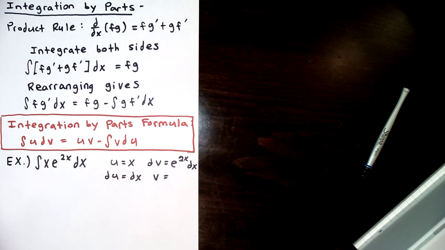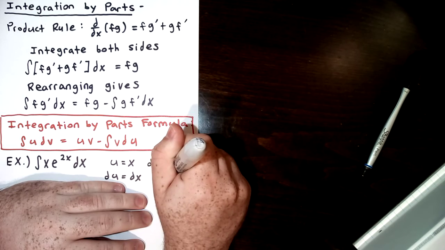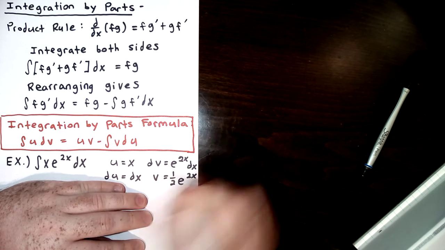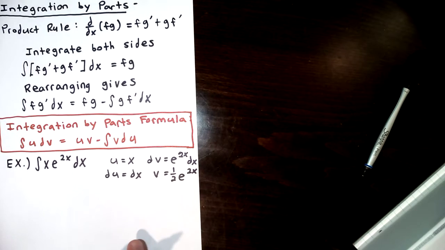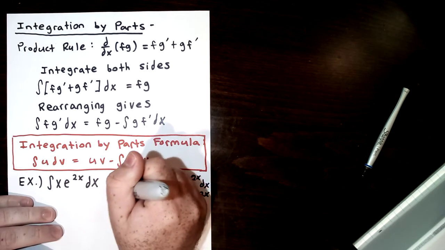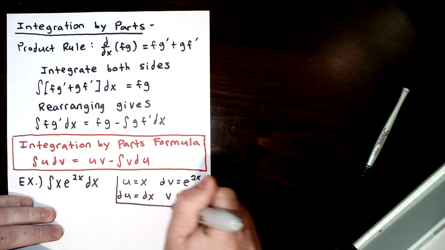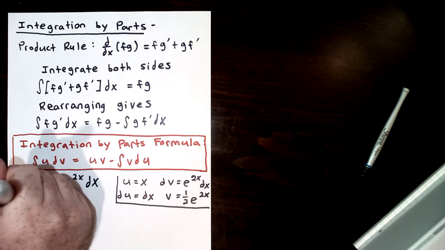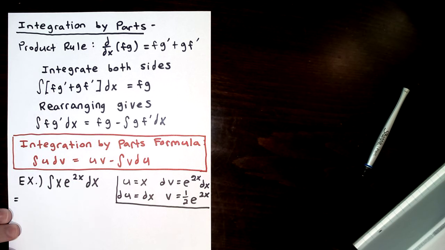Well, in that case, it's going to be v equals 1 half e to the 2x. And let's box that in, because this is the work that we're going to use in order to evaluate the integral.